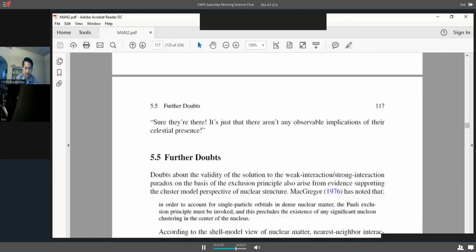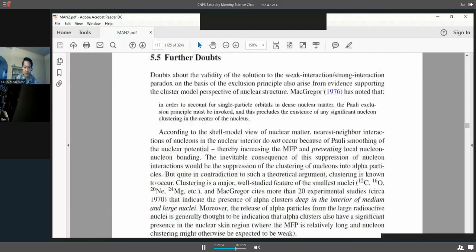Further doubts. In order to account for single particle orbitals in dense nuclear matter, the Pauli solution must be invoked to preclude the existence of any significant nucleon clustering in the center of the nucleus.